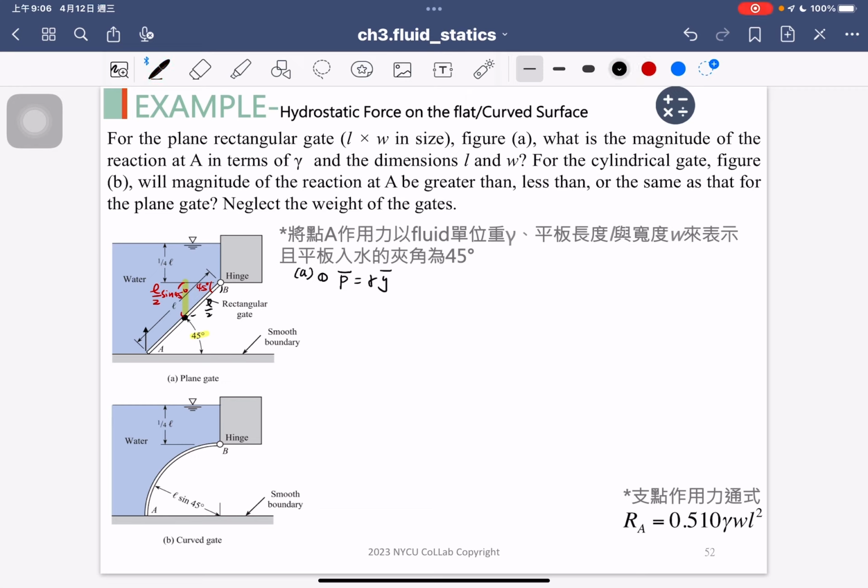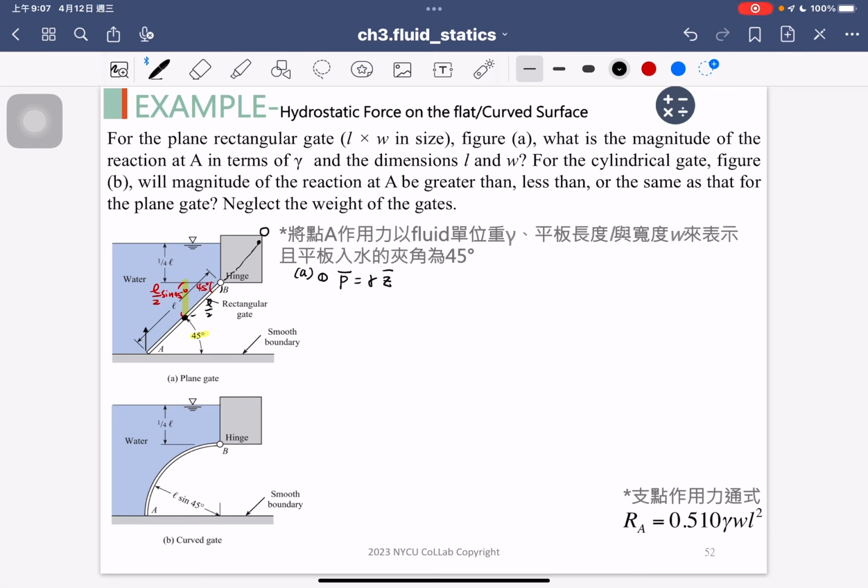Before we deal with the problem, we know where our crossover point at the liquid surface is. This point we call O. So where is the y bar? We need to change the label here. We need to use the d bar, right? Because it's the vertical depth at the central point.